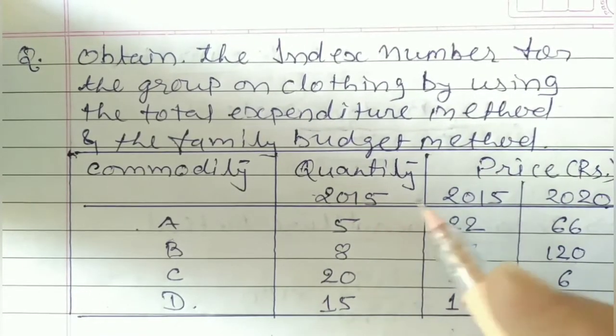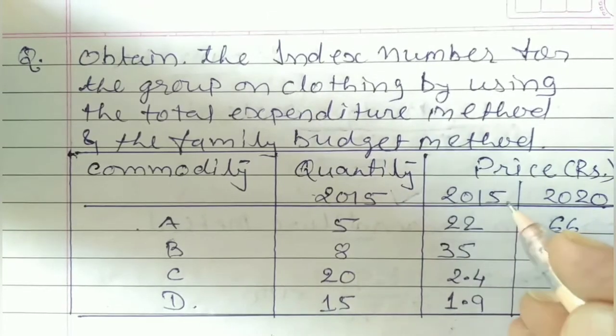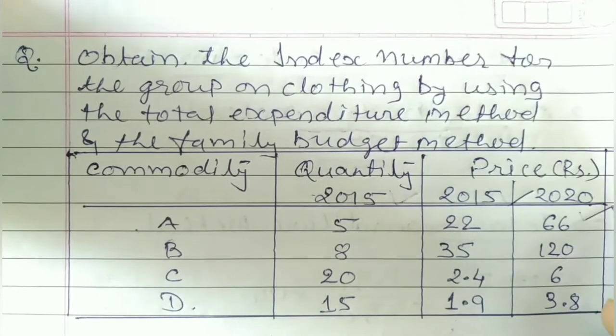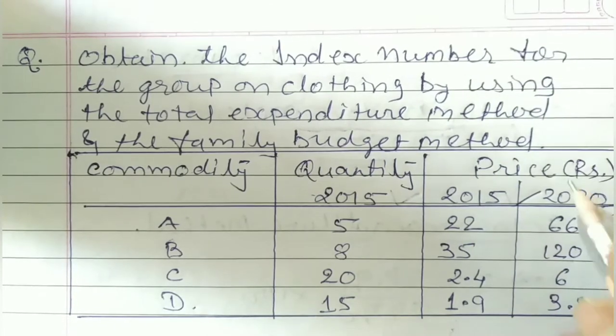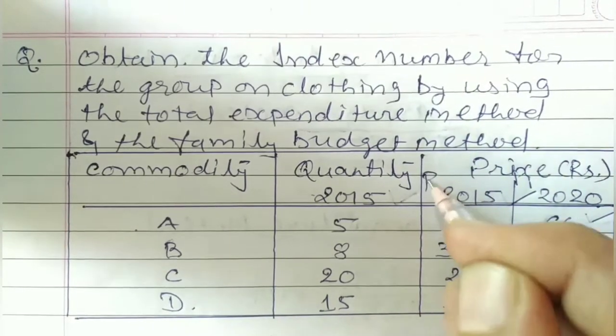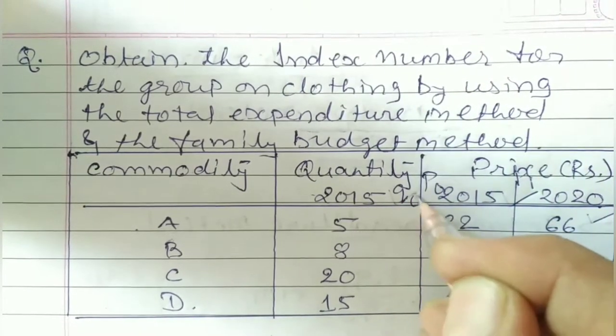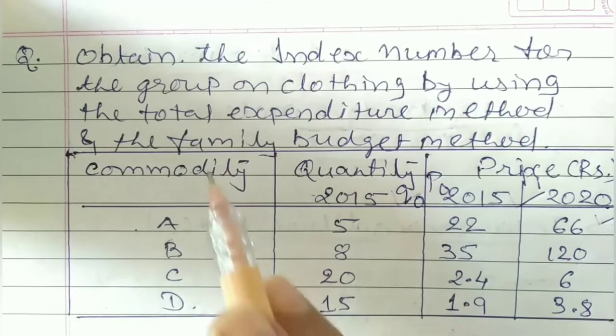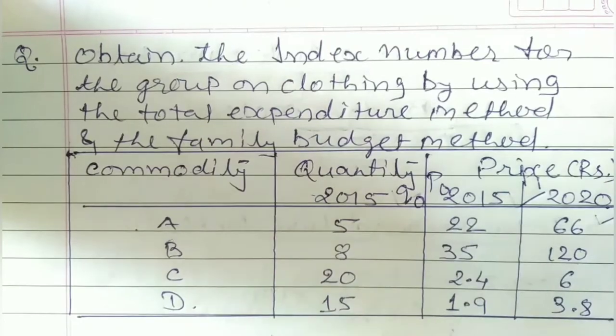That means quantity of base year, price of base year and price of current year are given. This is your P1, this is your P0 and this is your Q0. By applying such information, you are about to find the index number for the total expenditure method.